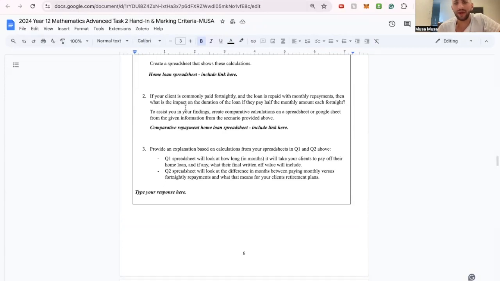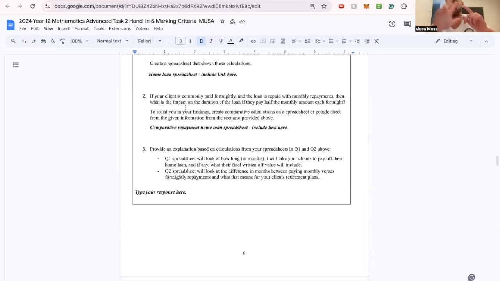This question's worded wrong. I swear, Freeman, disaster. Honestly, disaster. It says, if your client is commonly paid fortnightly and the loan is repaid with monthly repayments, then what is the impact on the duration of the loan if they pay half the monthly amount each fortnight?